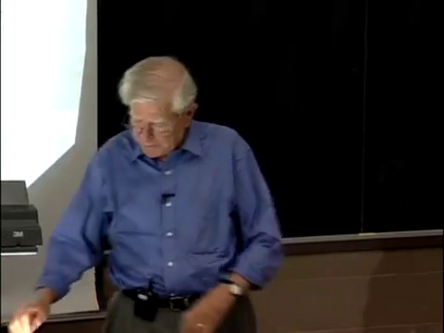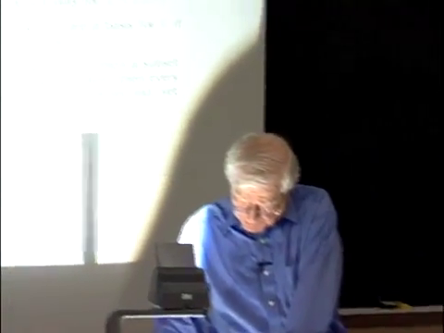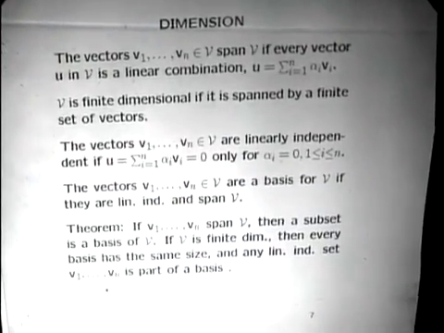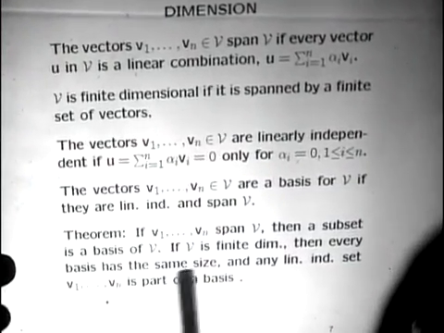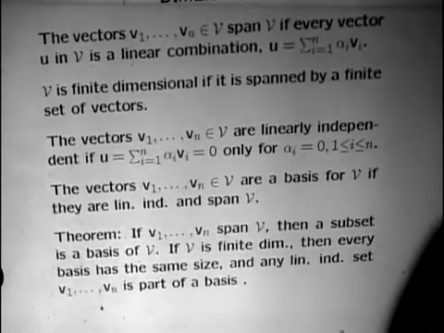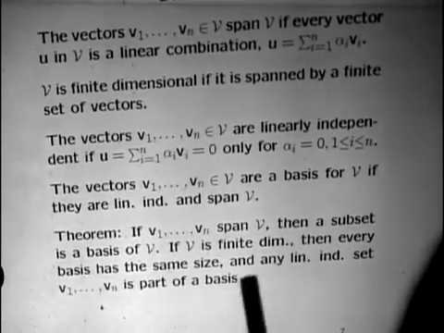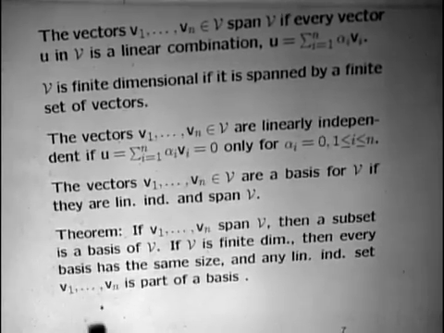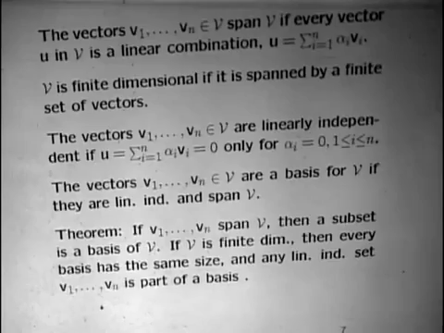Okay, the next part of it is, if V is a finite dimensional space, then every basis has the same size. This, in fact, is a thing which takes a little bit of work proving. And also, any linearly independent set, v1 to v sub n, is part of a basis. In other words, here's another algorithm you can use.